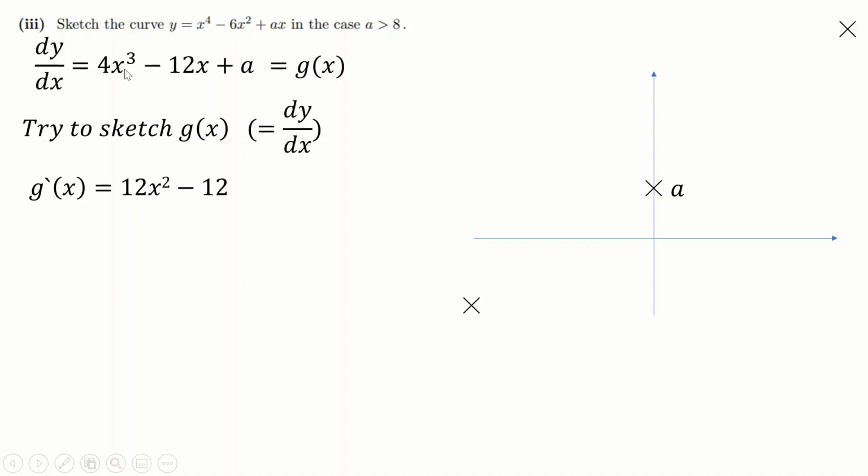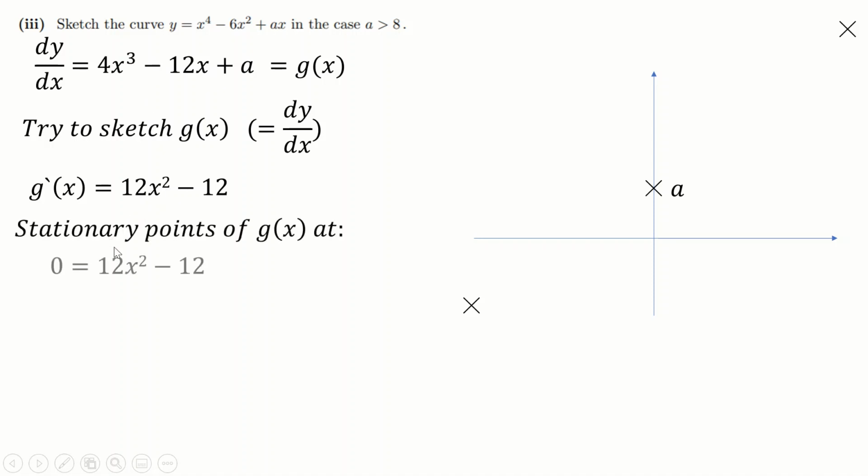When I differentiate that, I get this. And now let's set that to be 0. So stationary points of g are when the derivative is 0. I think we divide this by 12, and then we find x is 1 or minus 1. So this graph is stationary. Remember, this graph is not the one I want, it's this one for now. This graph is stationary at 1 and minus 1.